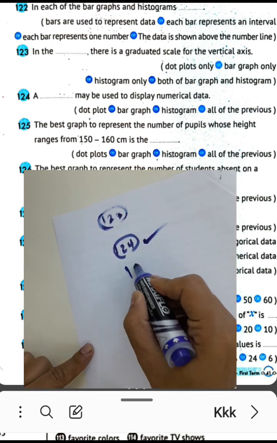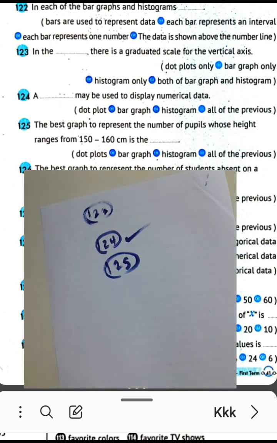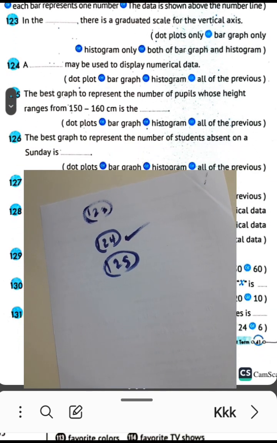Question 125, the best graph to represent the number of pupils whose height ranges from 150 to 160. We have the interval here. We use the histogram to draw the interval.